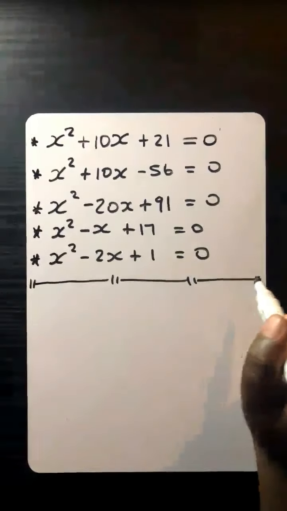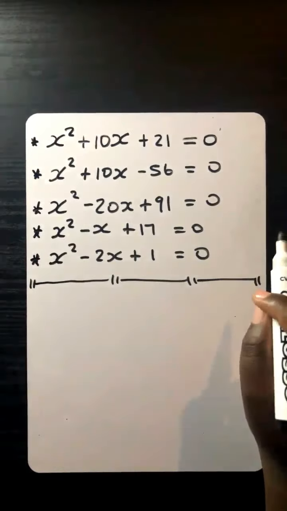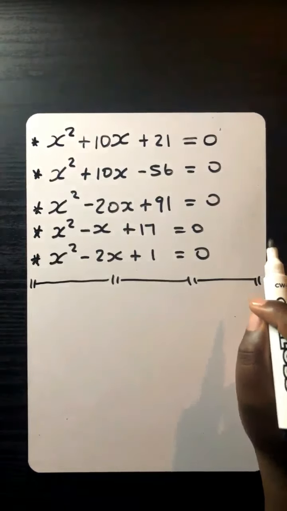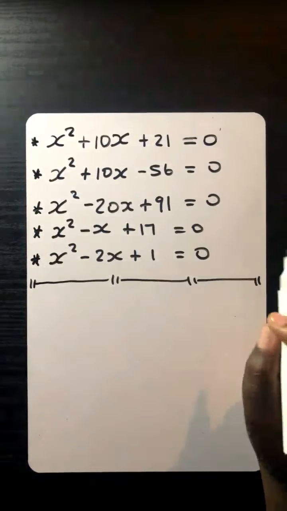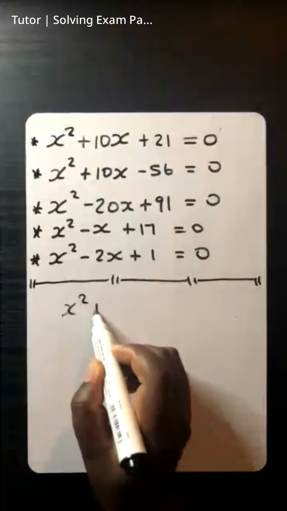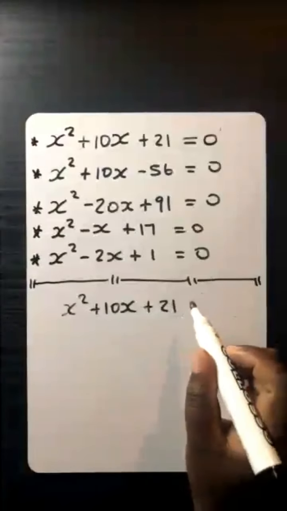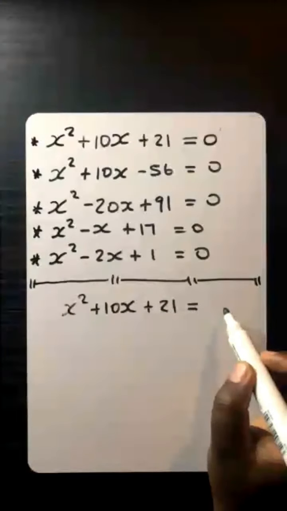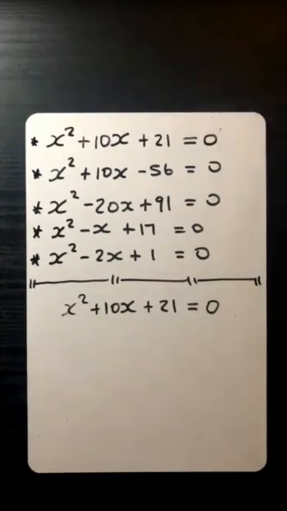So, Shreyas, let's start with that first problem. In this case, I'm still going to train you on how to approach this type of question. We've got x squared plus 10x plus 21. The first mistake that I've noticed, Shreyas, is that you did not equate it to 0.